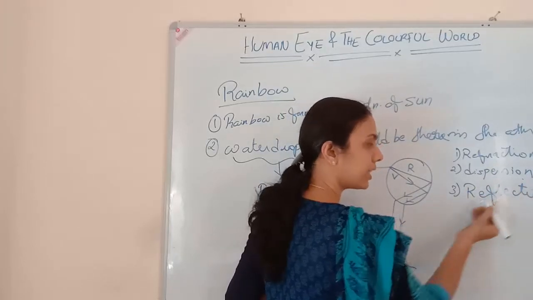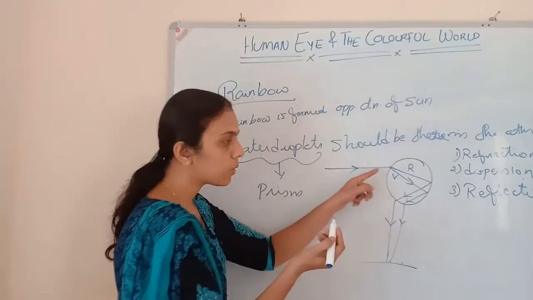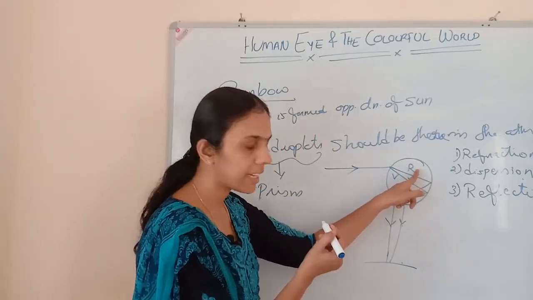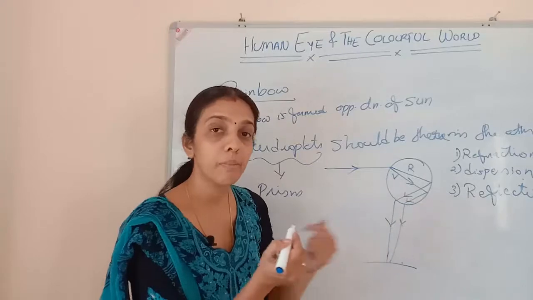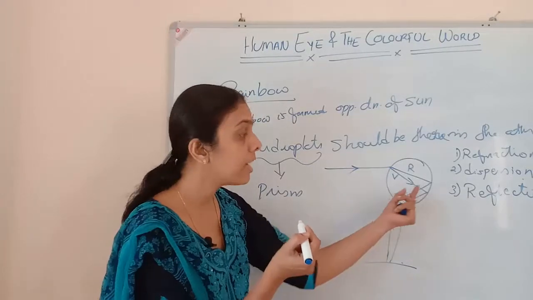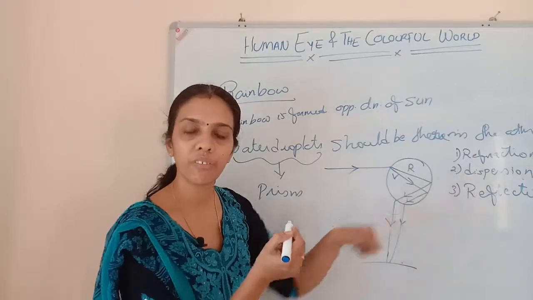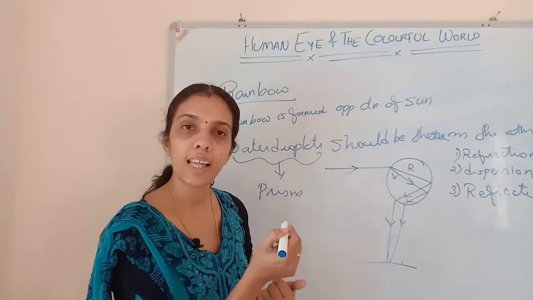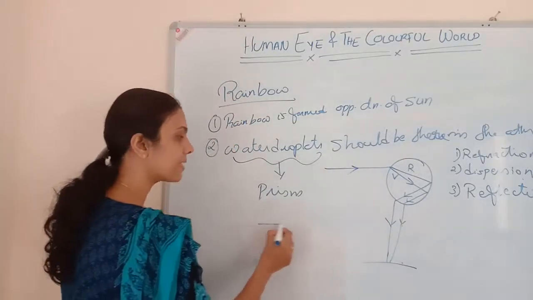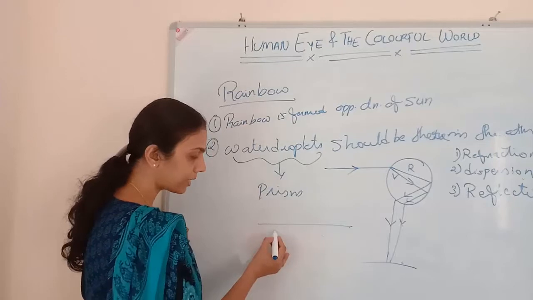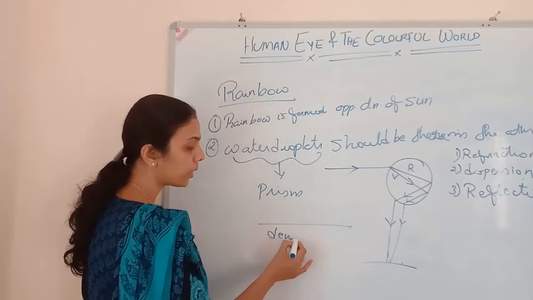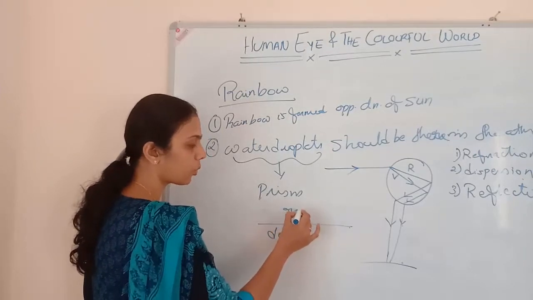Here also the light ray is passing from a denser medium to a rarer medium. Then why is it not refracting over there? Instead, reflection is happening. The reason is, when a ray of light passes from a denser to a rarer medium, what will happen?